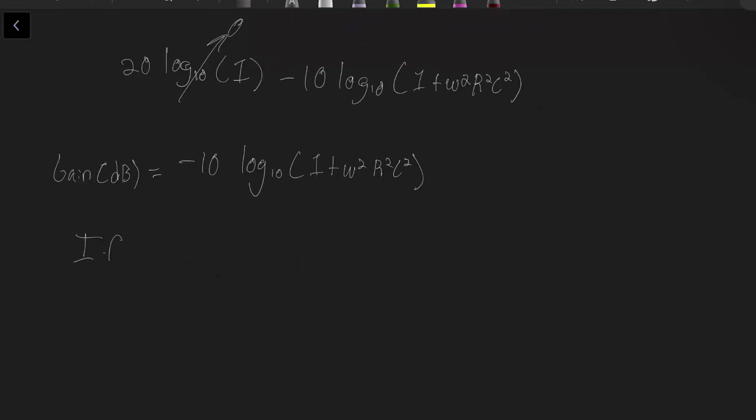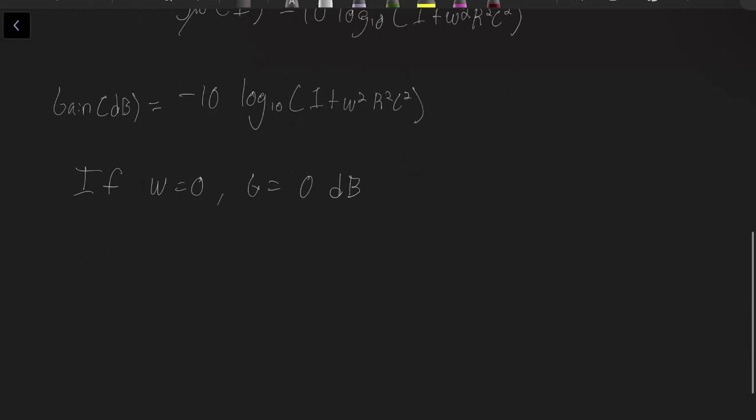So if omega is equal to 0, our gain is going to be equal to what? Well, if we substitute omega equal to 0, our whole omega RC term is going to go to 0, right? So we're going to be left with negative 10 log base 10 of 1. And as we said before, log base 10 of 1 is 0, so the whole thing's going to go to 0. So we're going to start from 0 decibels.